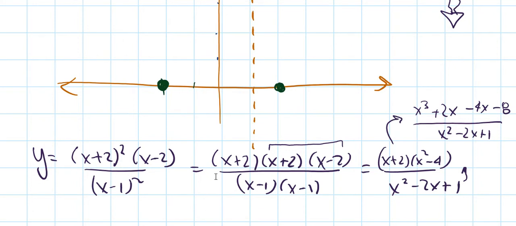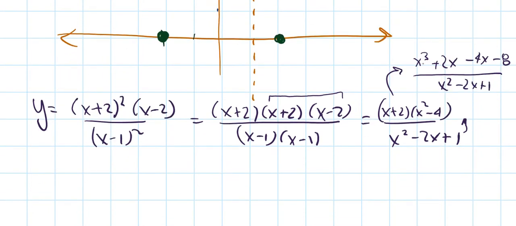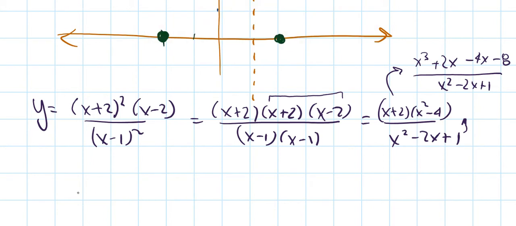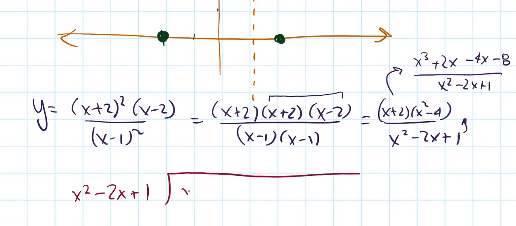We have basically the original problem, but now I've written it in standard polynomial form. And that right now, as it is, doesn't do us any good. So what are we going to have to do? We're going to have to do some long division. I know that's going to be one of your favorite things, so we're going to revel in it while we can. x cubed plus 2x squared. Oops, sorry, there should be an x squared.